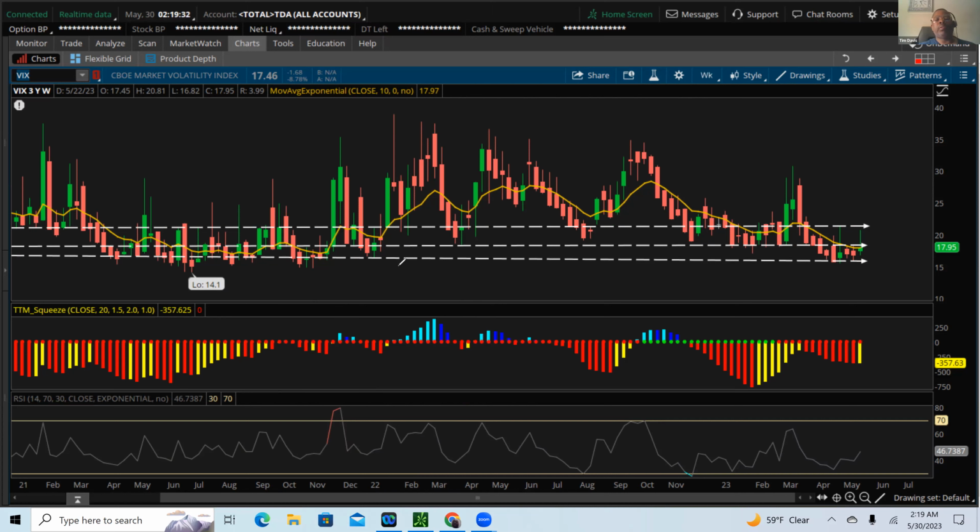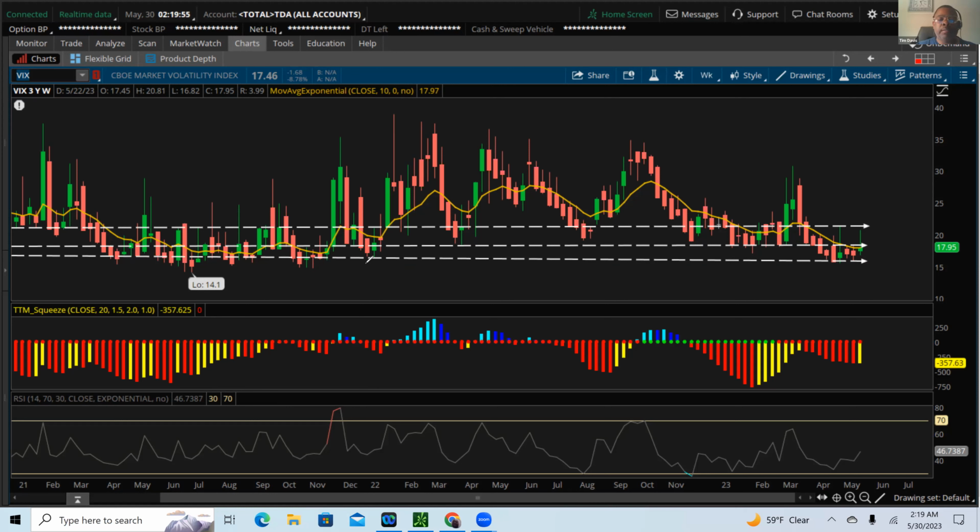Normally, when you try to look at trends and you've got enough history, you want to see what markets showed us in the past as far as support and resistance goes. One particular area I want to highlight is where we are with the VIX now on this weekly chart.